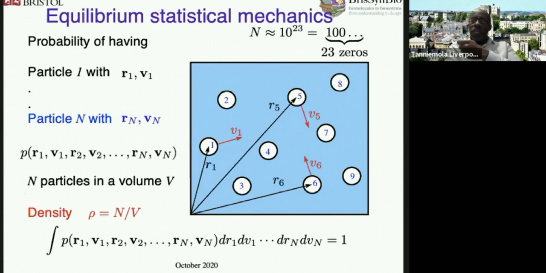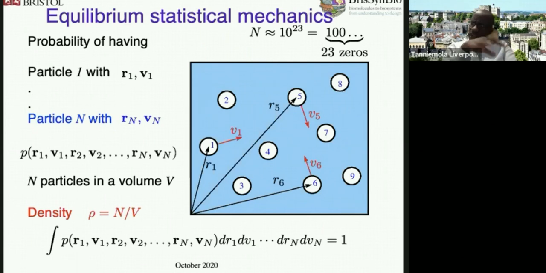And so for this, we need the probability of finding the particles with particular positions and velocities. So we can denote the probability of finding particle 1 with position r1 and velocity v1, and particle 2 with position r2 and velocity v2, and so on.